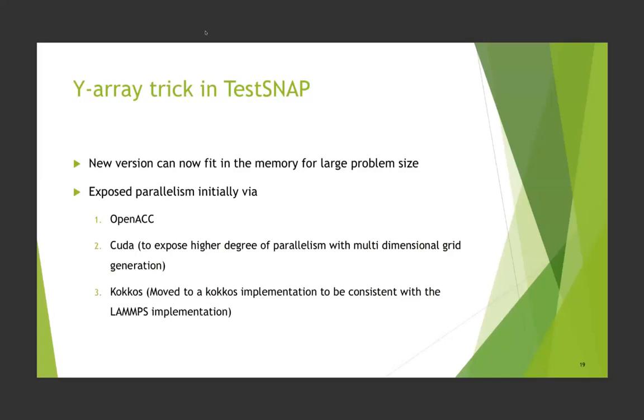Then after a certain point, we switched to a CUDA implementation because we wanted to expose a higher degree of parallelism using a multidimensional grid. And currently we are working on a Kokkos implementation of TestNav because we wanted to keep it consistent with the Snap implementation available in the LAMMPS package. Next slide, please.